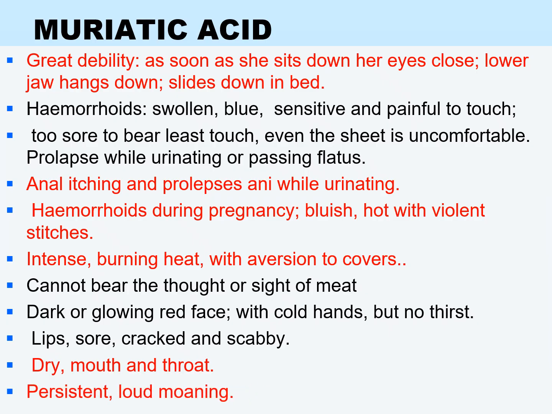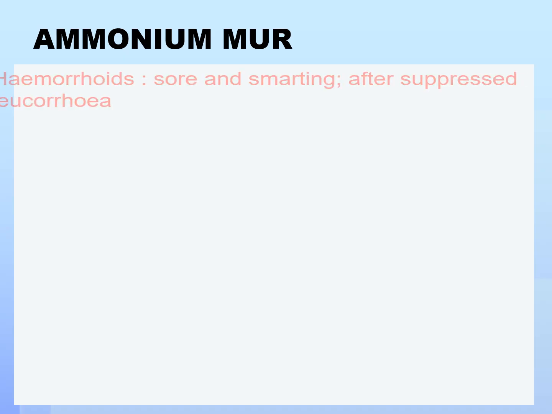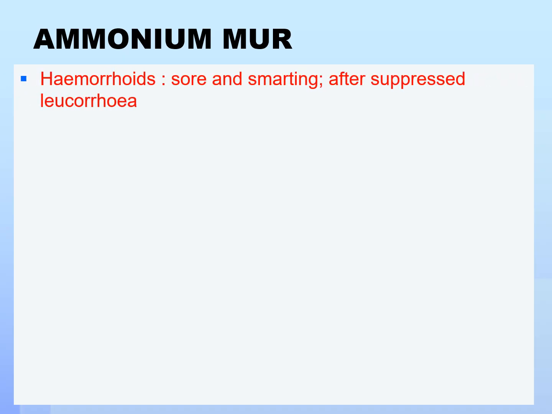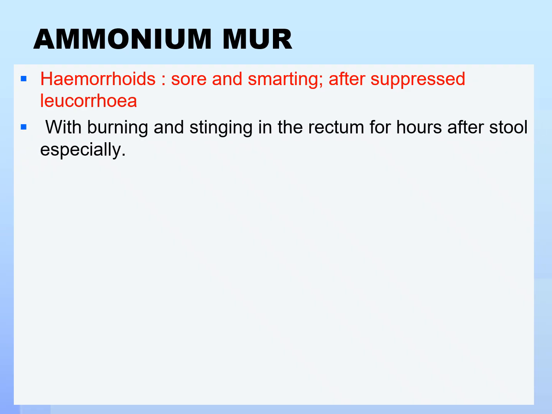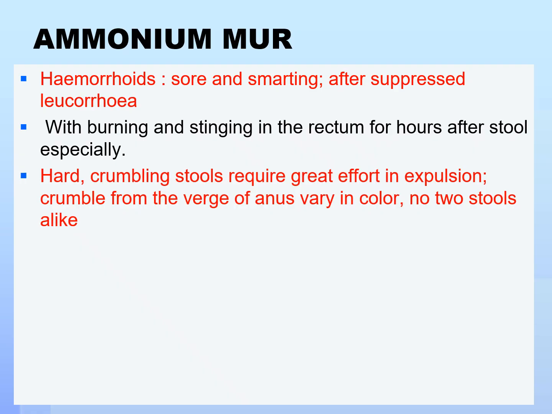hemorrhoid conditions. Ammonium Mur is a homeopathic remedy that acts mainly on the mucous membrane and circulation, often causing congestion and increased mucus secretion. It is indicated in hemorrhoids with soreness, burning, and stinging pain in the rectum, especially lasting for hours after stool.